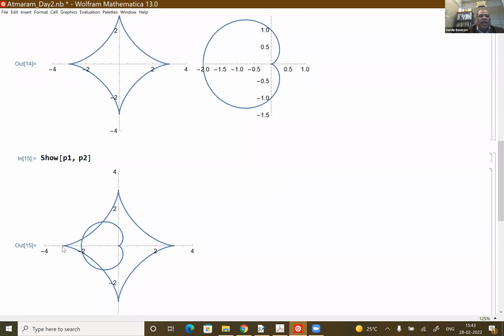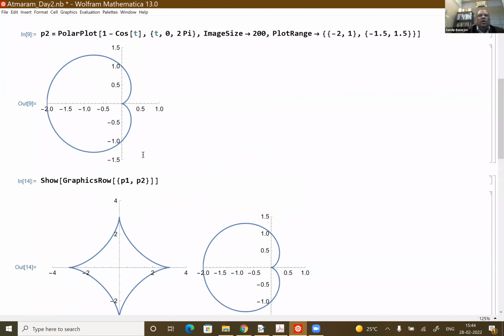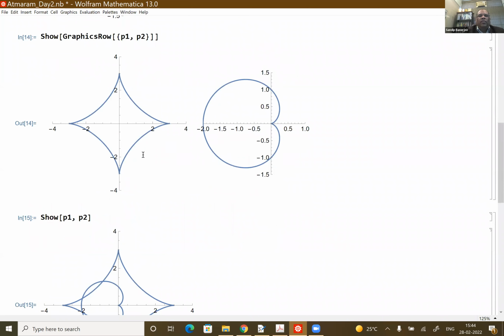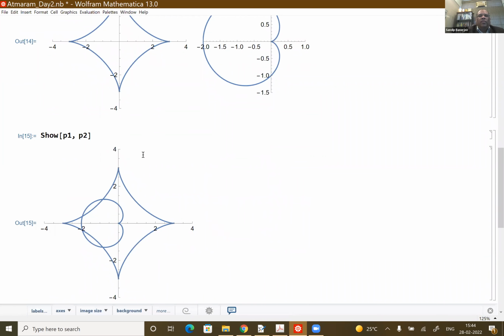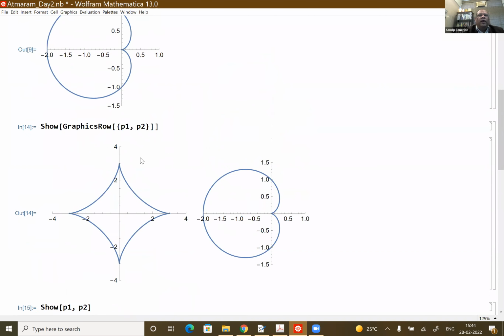Do you mean that this cardioid should be from this side to this side? Do you mean that thing or something else? Yeah, Alok? Acha, the measurement. Still not clear.